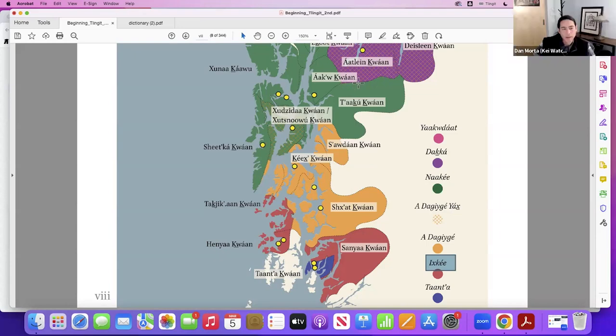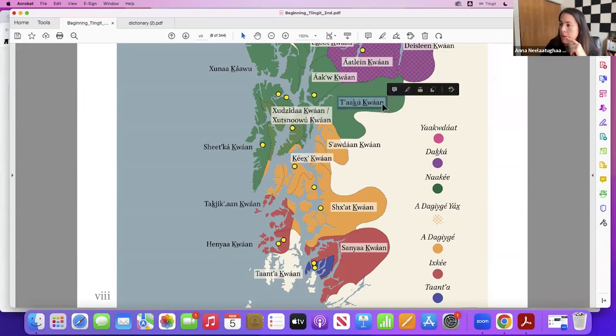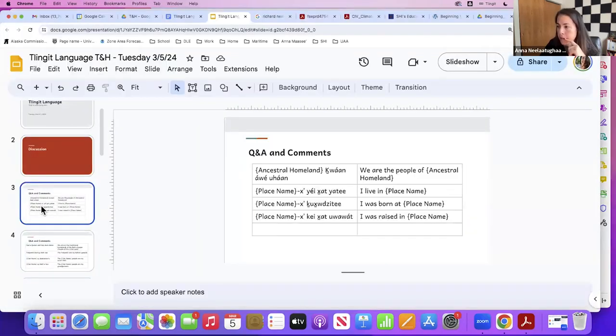Yeah, just kind of the difference between where I'm at and where I'm from, I think. Yeah, good point. Where I'm from is Kwan, and where I'm at is the place name Kiechadiati. So that would be this difference. We are the people of the homeland. I live at this place.